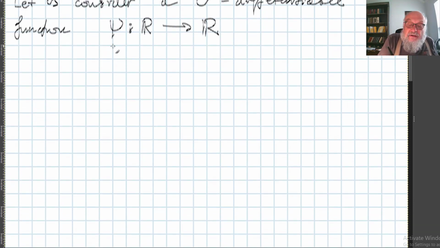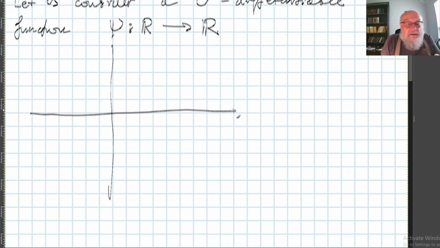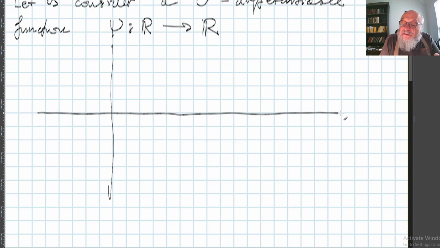So let me make a picture now. I try to make it a straight line. This would be 0, this would be 1, and now we have delta tilde here, and here is also 1 minus delta tilde.